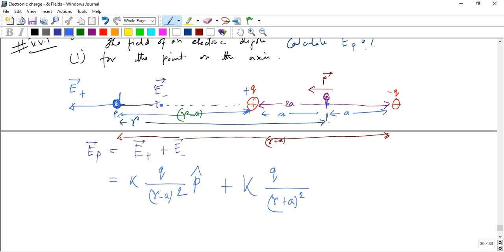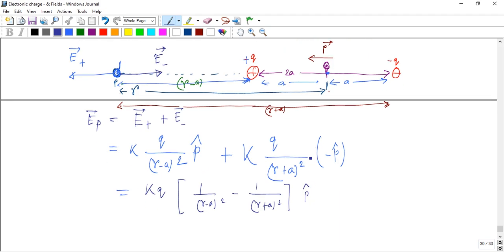E minus is towards the charge, so the dipole moment vector and E minus are in opposite directions, hence the minus P cap. Now we can combine these two: K Q common, 1 by R minus A whole square minus 1 by R plus A whole square, in the P unit vector direction.